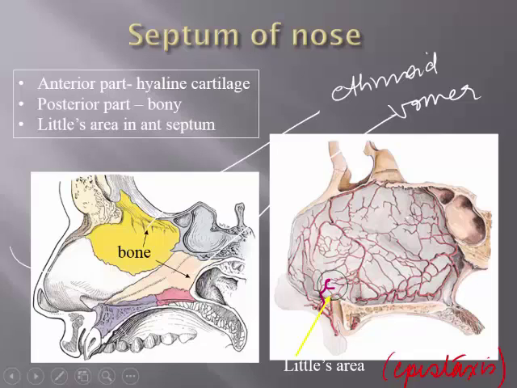Under the mucous membrane, you can see how many blood vessels are there, all anastomosing with one another. In the cartilaginous part, especially towards the front, there's an area called Little's area after the person who discovered it. The blood vessel anastomosis is even more significant than anywhere else.